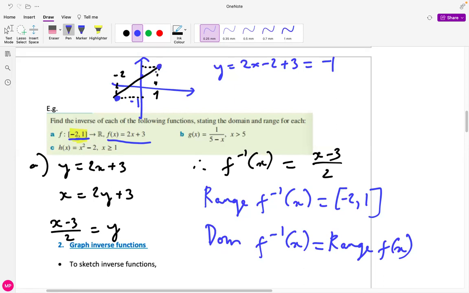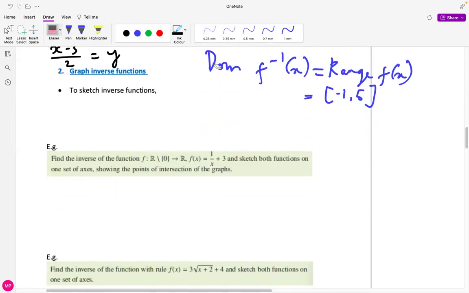And I do the same thing when x equals 1. I substitute it in: 2 times 1 plus 3 gives me 5. So 5 here. So I can see that the range is -1 to 5. So this will become the domain of the inverse, and my answer is -1 to 5.